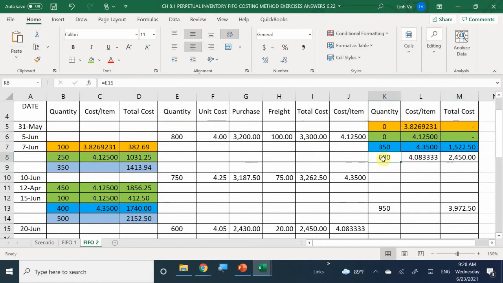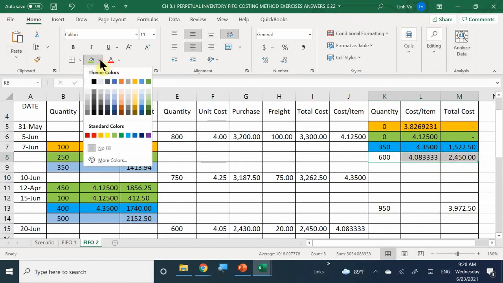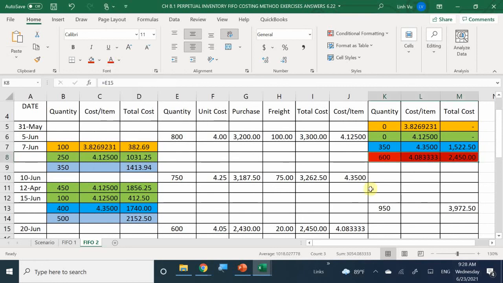And I guess we can make this red. So now I have two batches of inventory left: the blue batch for 350 and my red batch for 600.